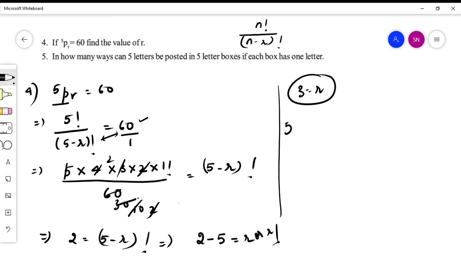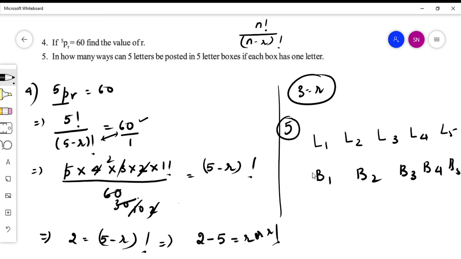Now coming to the fifth question. See, in how many ways can 5 letters be posted in 5 letter boxes? So there are 5 letters L1, L2, L3, L4, L5 and 5 letter boxes B1, B2, B3, B4, B5. Now see what happens.